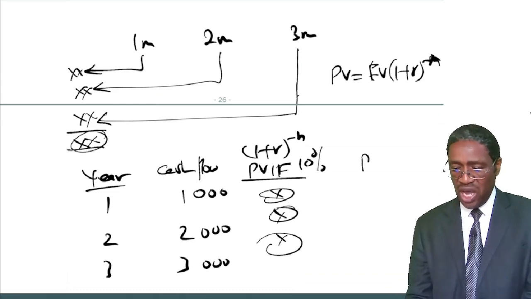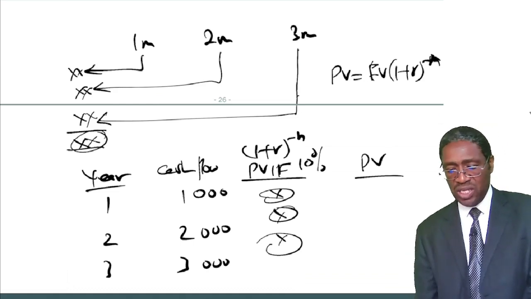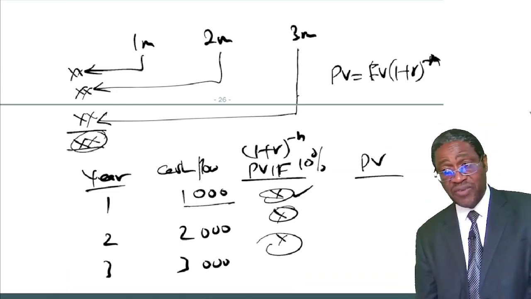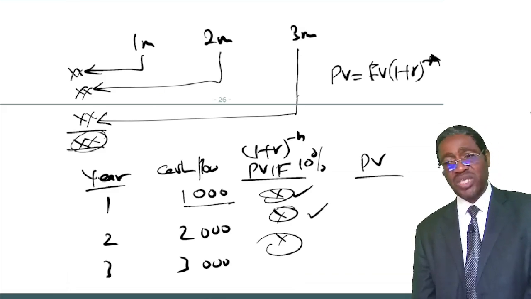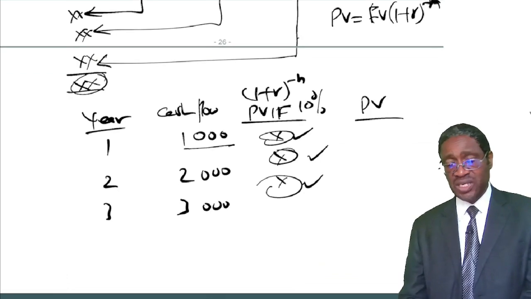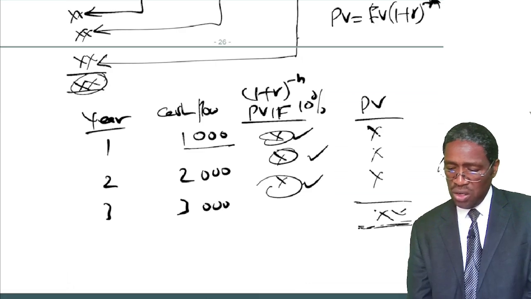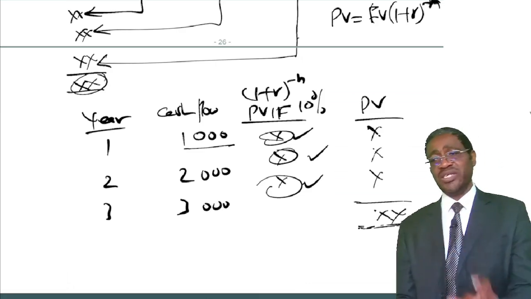Then you have another column called present values. You multiply the cash flow with the discounting factor, then you add all of them. That's how we normally do it.